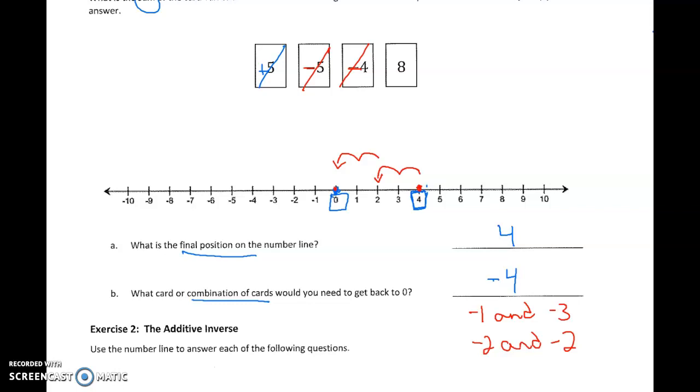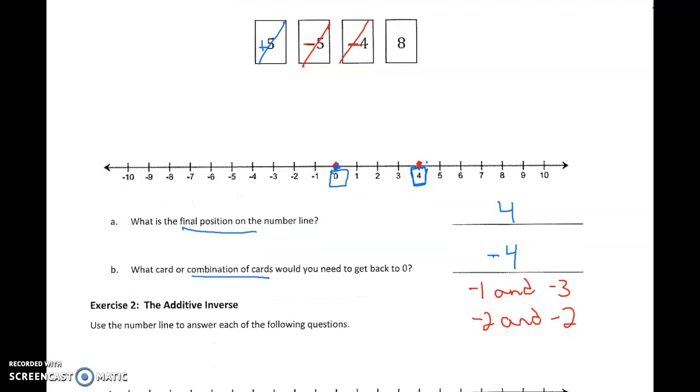We could probably even do, what if I did -1 and -2 and -1. Do you see how all those combinations of numbers can take you back to 0? But what you'll notice is all of these combine to be our negative 4.